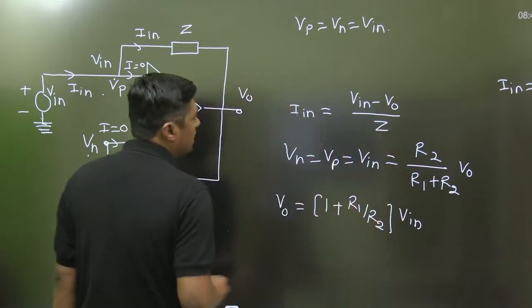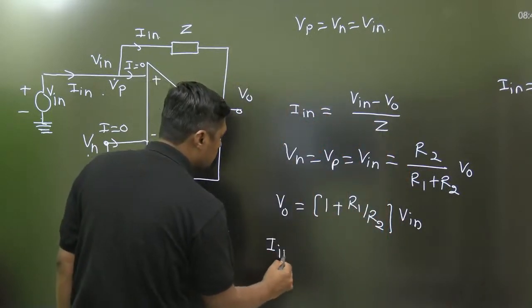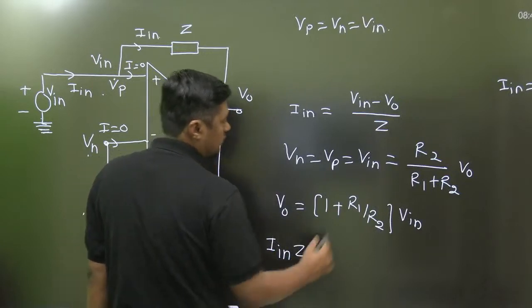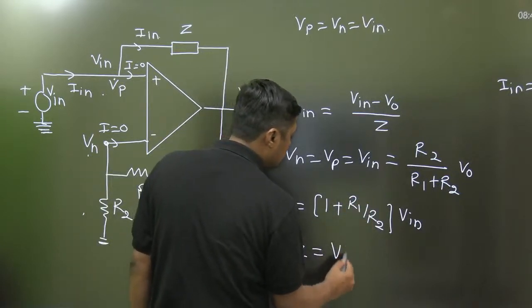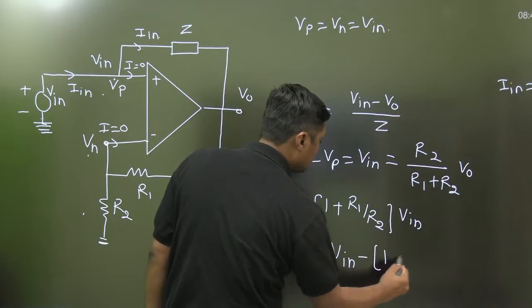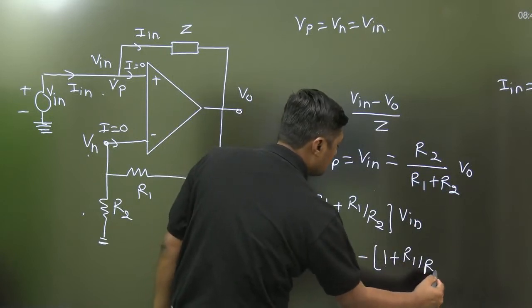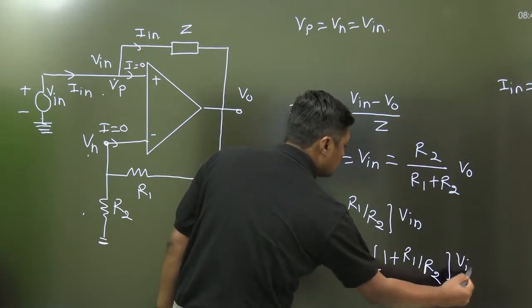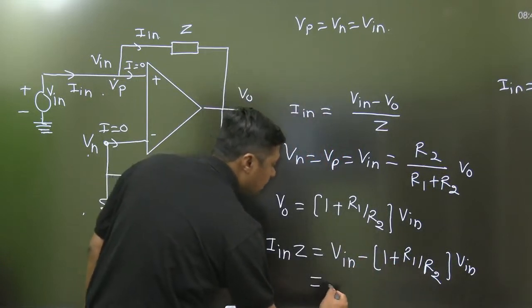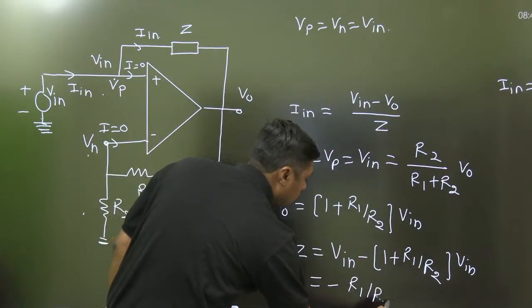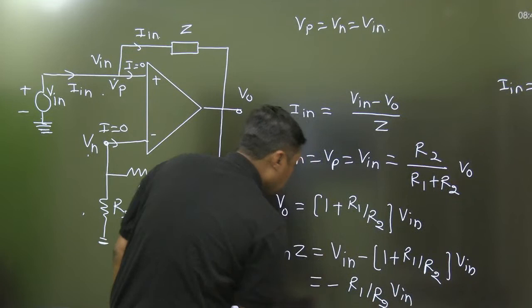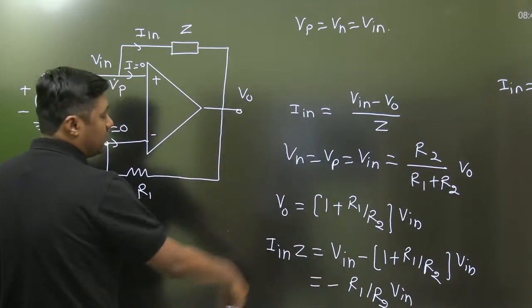Put here and you will get the answer. Yes, I think that is clear to you. This Vin cancels and you will get minus R1 by R2 into Vin. So what is the Vin by Iin? That will be the answer in negative.